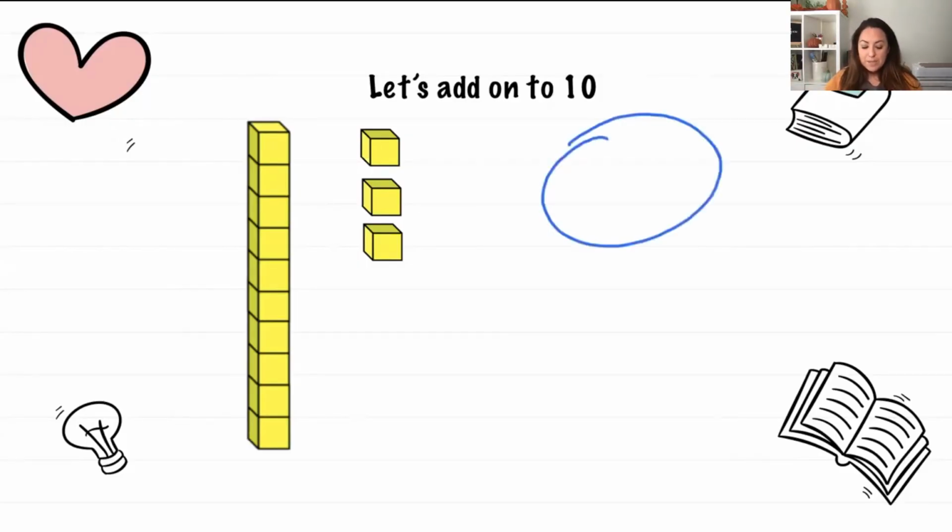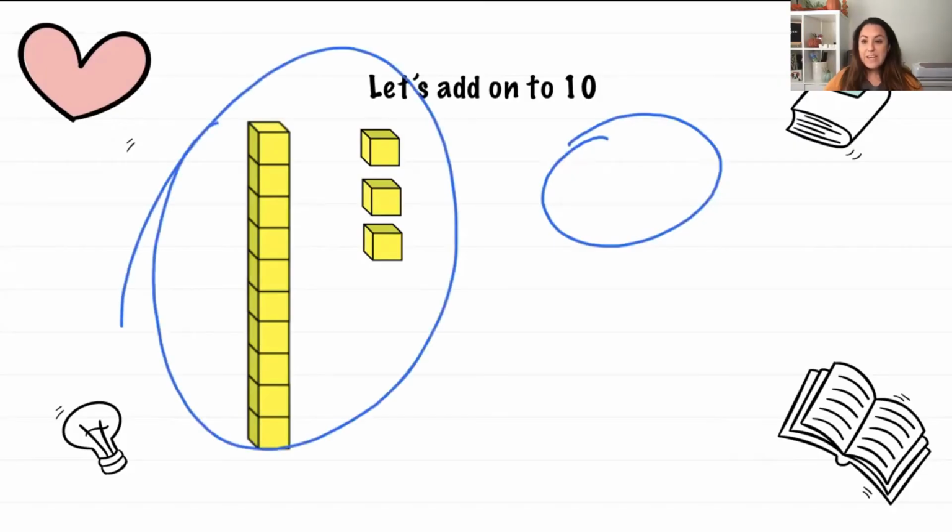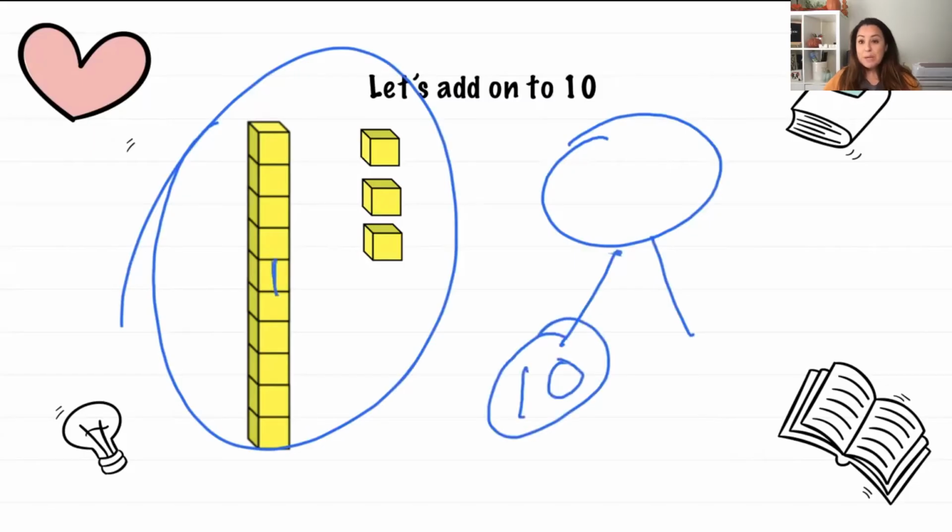The top is all of these together. So right here, I have a 10. So 10 is now in my part. And then I have 3 right here. So 10 and 3 equals 13.